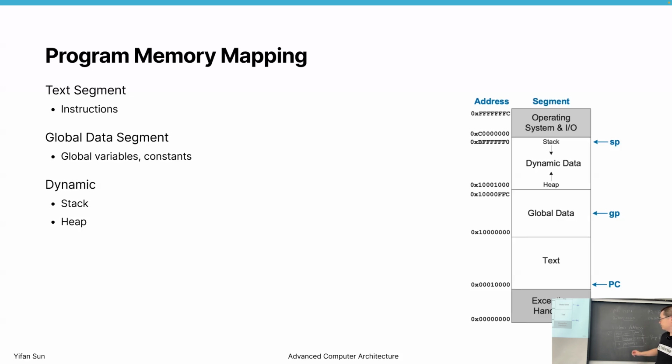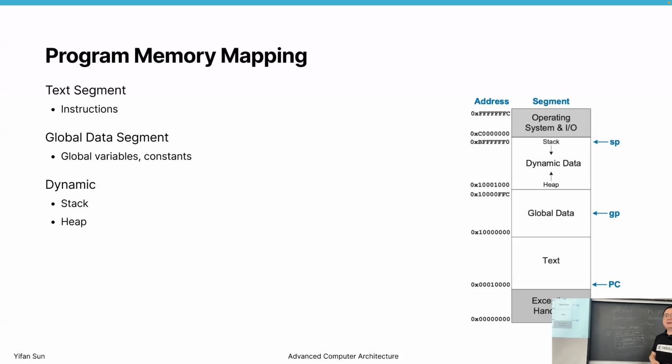And also, when you are dealing with this type of virtual address, you are not dealing with every address. You are not dealing with every 4 bytes or every byte. You cannot put every byte in this table. That will be too long. So we need to have a unit. Whenever we swap out or swap in, we always guarantee that we swap this unit. And this unit is called a page.